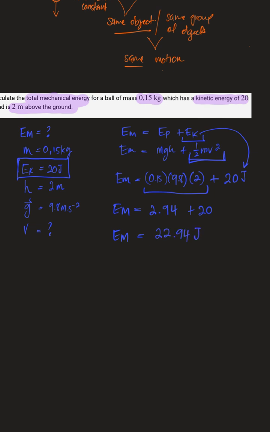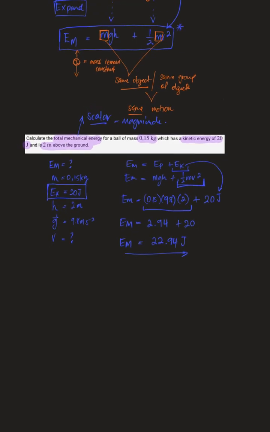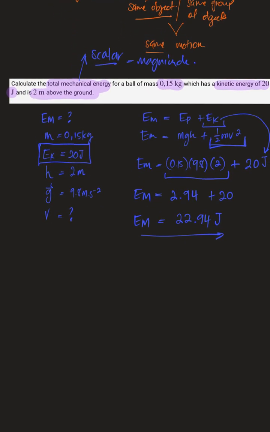So my total mechanical energy is 22.94 joules. And mechanical energy, we must know, is a scalar quantity, which means it only needs magnitude. So can you see there, you've got to read the formula carefully, you've got to read the question carefully so that you can make the right decisions. Because in this equation, they didn't give you velocity, but you didn't need the velocity here.